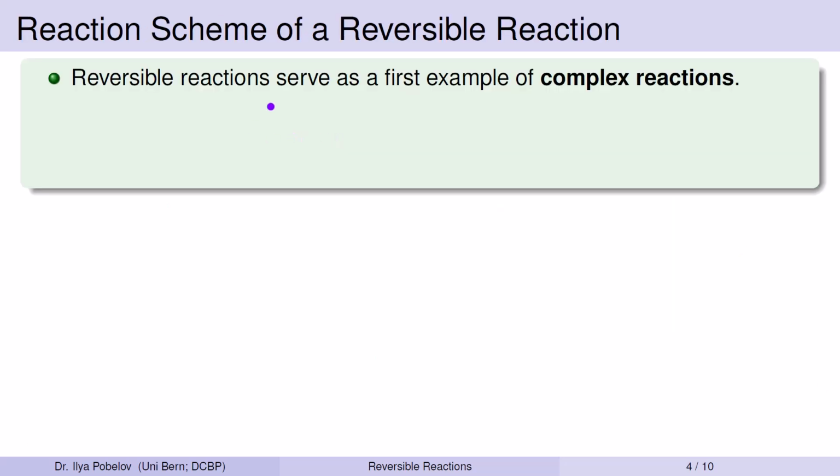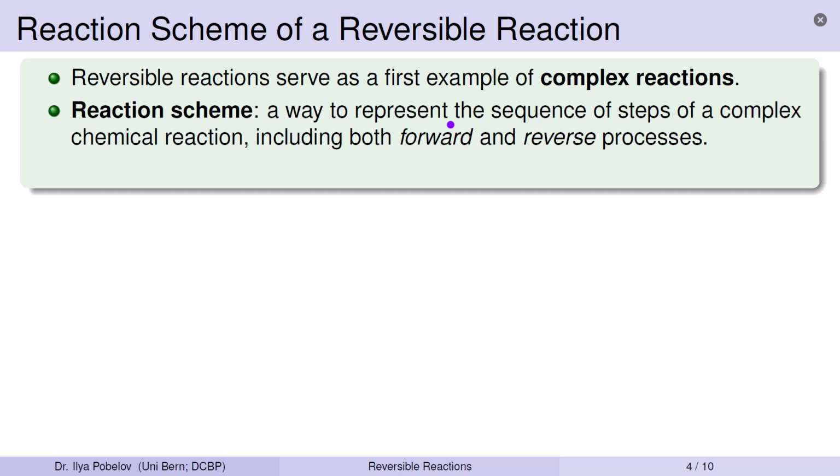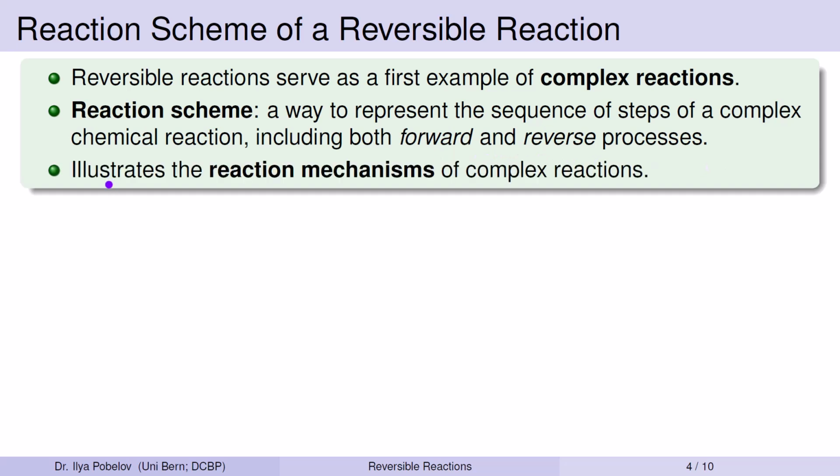Reversible reactions discussed in this module also serve as a first example of complex reactions that we encounter in our study of chemical kinetics. A reaction scheme is a way to represent the sequence of steps of a complex chemical reaction, including both forward and reverse processes. It illustrates the reaction mechanisms of complex reactions.